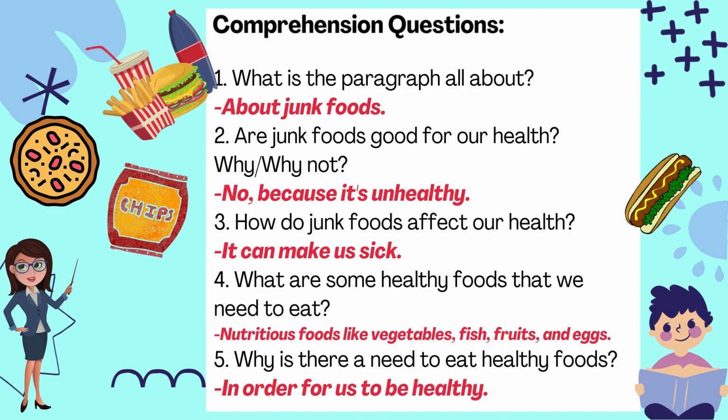It can make us sick. Number 4, what are some healthy foods that we need to eat? Nutritious foods like vegetables, fish, fruits, and eggs. And number 5, why is there a need to eat healthy foods? In order for us to be healthy. Did you get the correct answers? Good job!